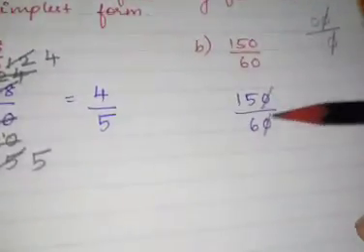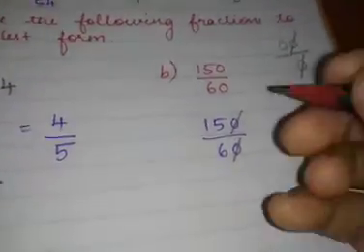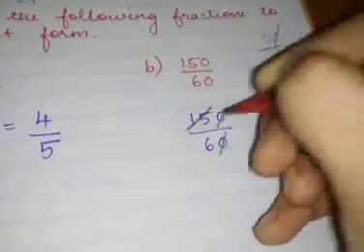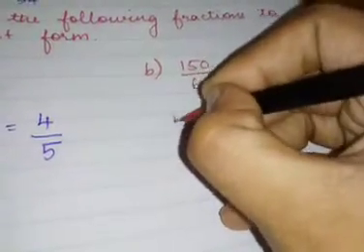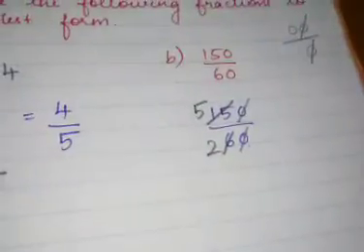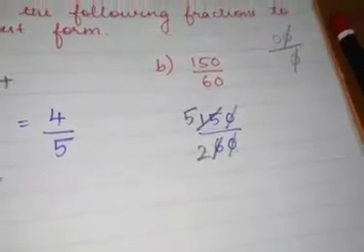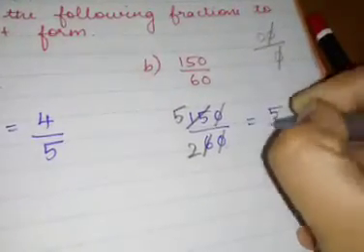So here 1 zero, here also 1 zero. Next, 15 by 6. What will you do? You can cancel it in the 3 table. 3 5s are 15. 3 2s are 6. 5 by 2. Can we cancel it in any table? No. So 5 by 2.